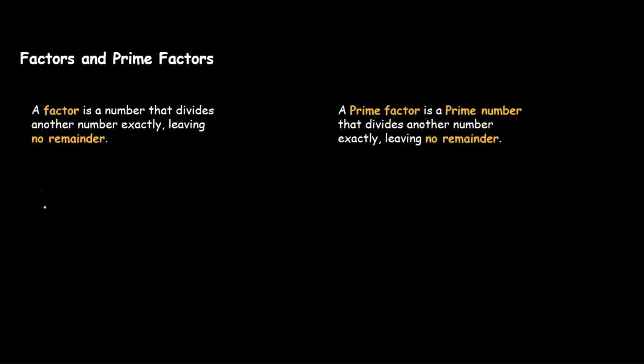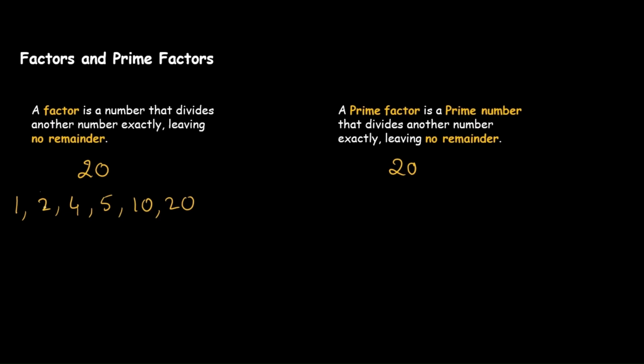Let's take another example, say 20. So what are the numbers that can divide 20 which can leave no remainder when divided? These are 1, 2, 4, 5 and 10 and of course 20. 20 can divide itself, as every number is a factor of itself, and so are all these numbers 2, 4, 5, 10, and 1 can divide any number completely and it's a factor of any number.